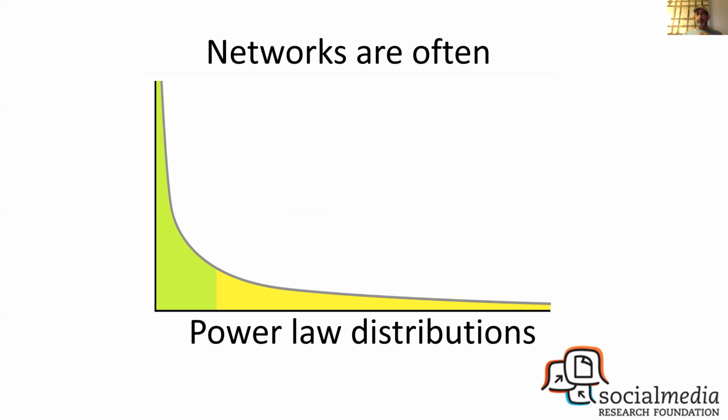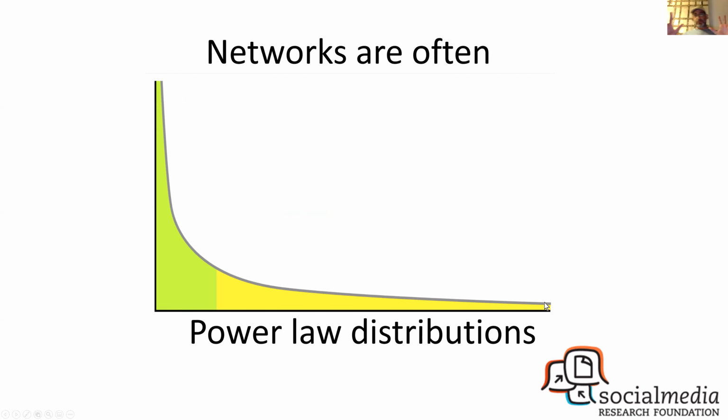This describes wealth. It also describes a lot of things in social media, as in how many influencers are there. They're all the way over here at the end. There's not many. Less than 1% of the population are influencers. So if this is social media influence on this dimension, and this is how many people have it, most people have almost none, and a very small number have a lot.